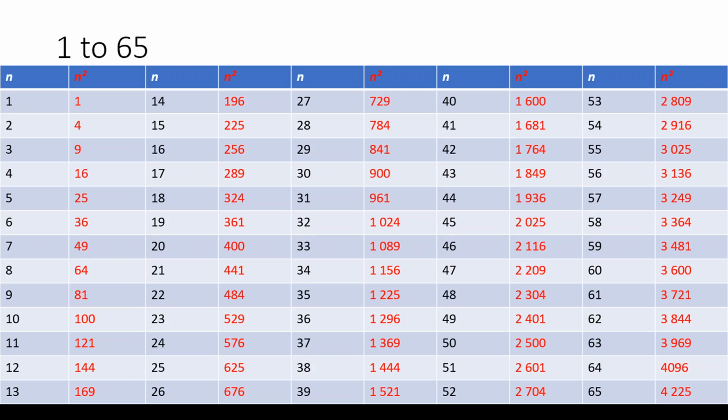I'm only going to go over the square numbers. 1, 4, 9, 16, 25, 36, 49, 64, 81, 100, 121, 144. So you should know your squares up to 12.